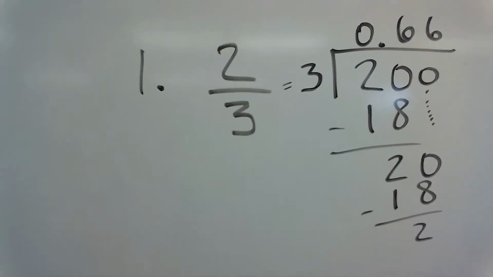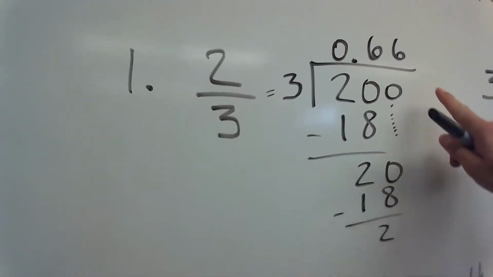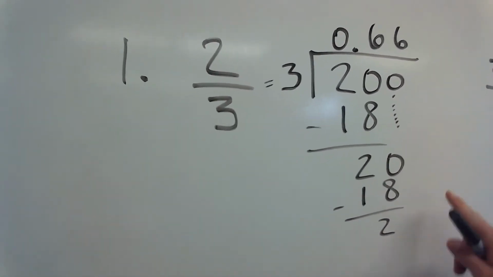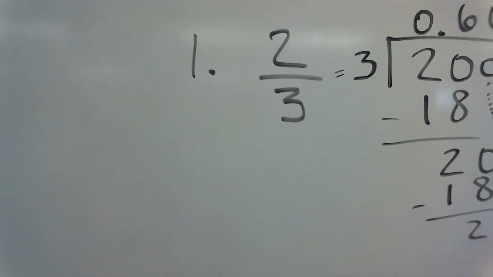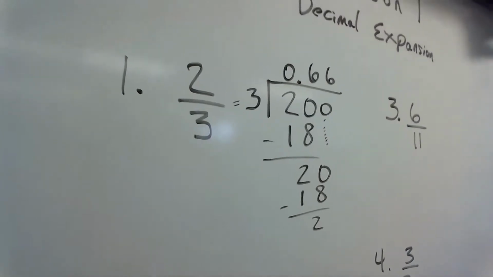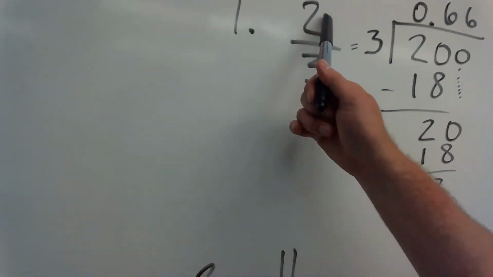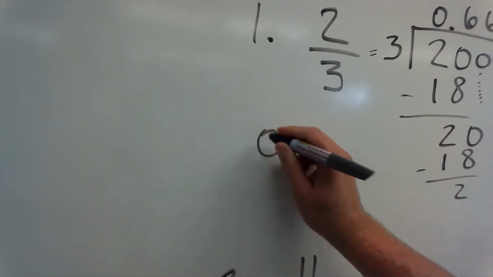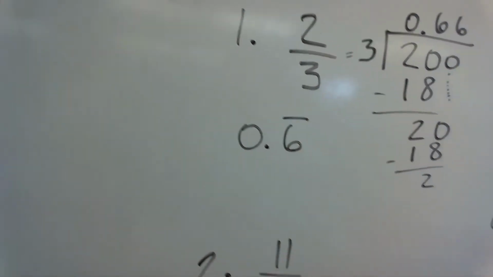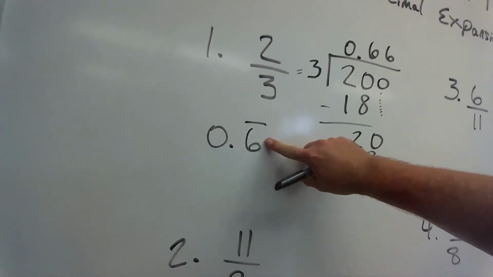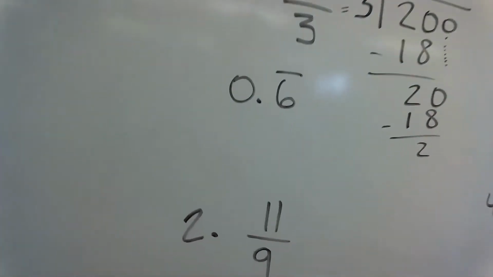So that's going to tell me that we're going to keep getting the same answer for remainder as we go, creating 6's all along the top. So this is an example of a repeating decimal. So 2/3 written out in decimal form is 0.6 repeating. And we notate the repeating 6 with a bar above it.